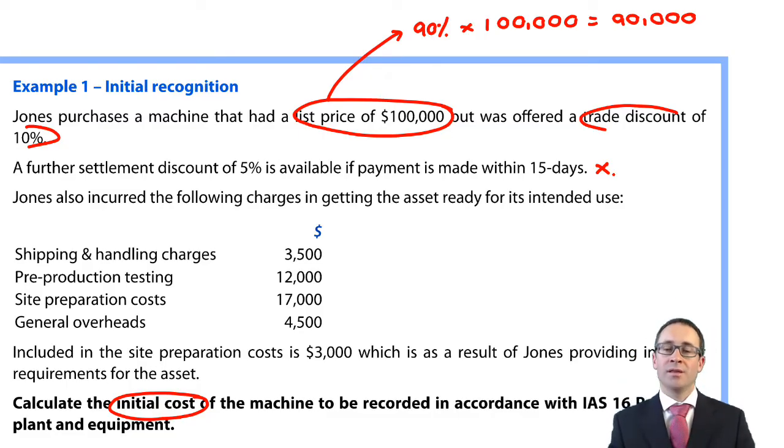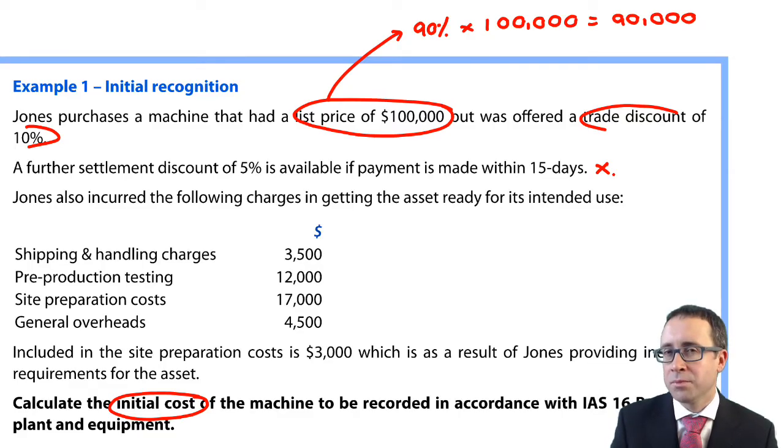But that doesn't mean we adjust the cost. We've dealt with that at certificate level, haven't we? If you're paying your supplier quicker, that's a discount received, isn't it? Don't worry about that. That's in the past. You passed your certificate level, you've moved on. You thought certificate level was hard, didn't you? And now you're here, it's even harder.